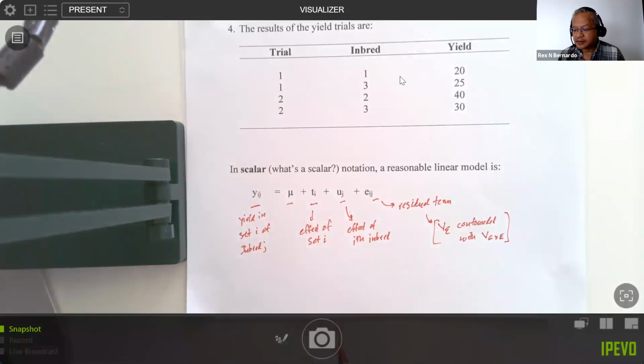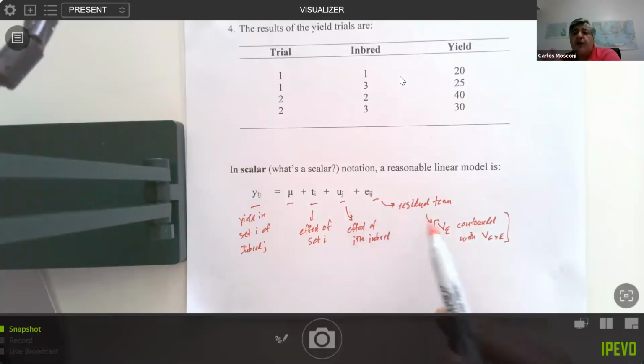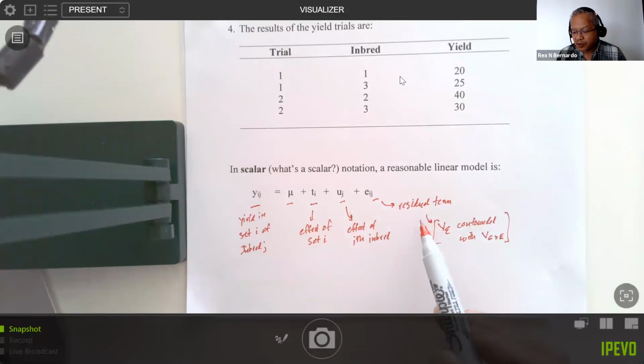But we're assuming for this purpose that it is not present, and so the residual is a catch-all that simply says the leftover. In this case, though, we need to specify a covariance structure for the leftovers. So we actually need to make genetic assumptions that we're not modeling epistasis. Okay.